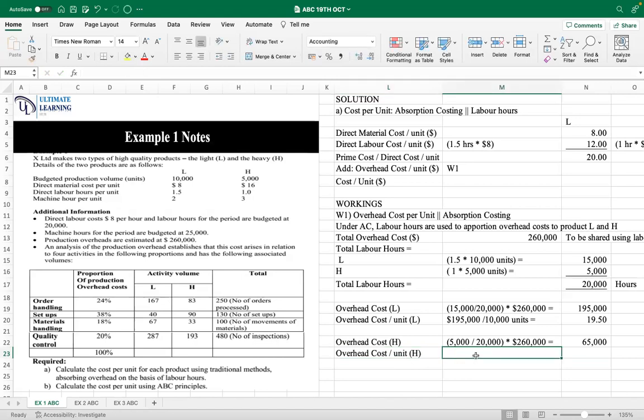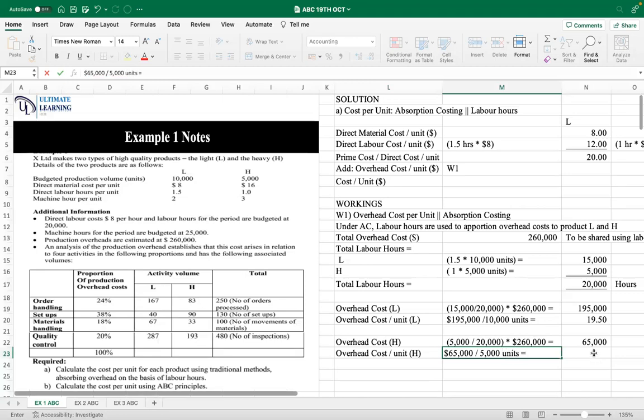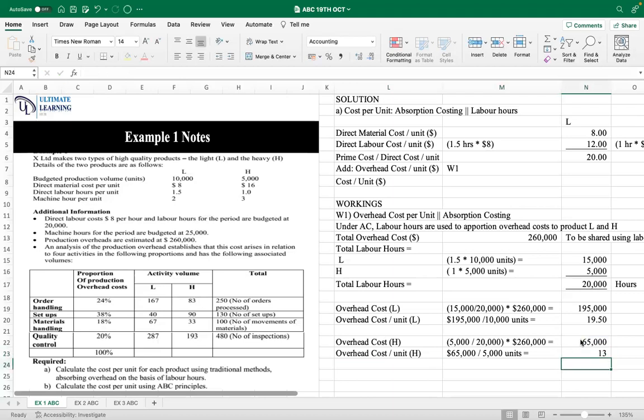You will now take the cost of 65,000 and divide it by the number of units of H, which is 5,000, to get the overhead cost per unit. So 65,000 divided by 5,000 units gives you 13.